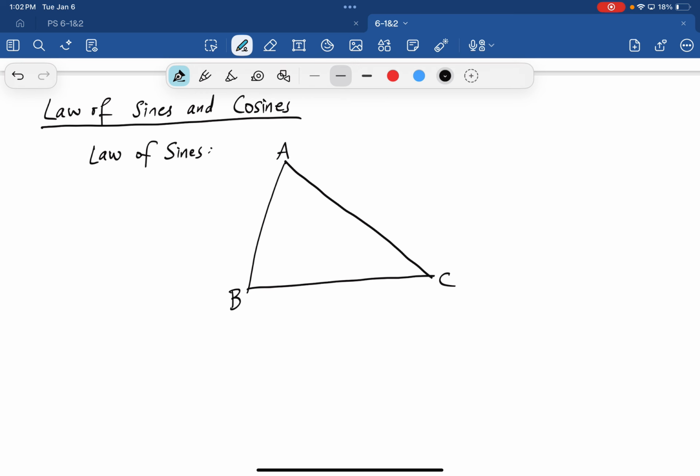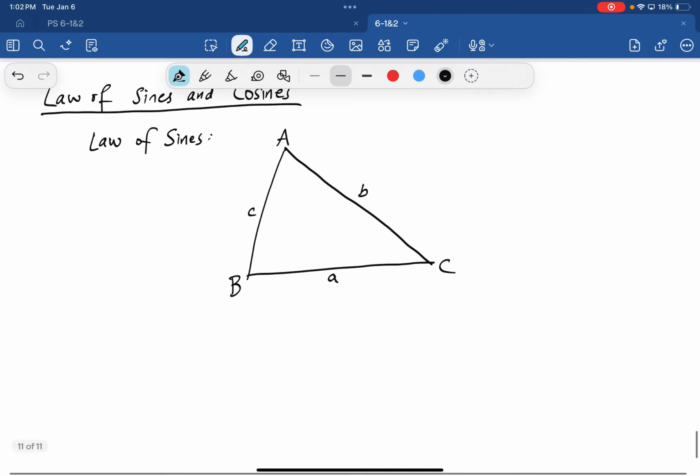When we label sides and angles of a triangle, we always use capital letters for the points, and lowercase letters for the sides that correspond to the opposite sides. So if this point is a capital A, then the opposite side is always a lowercase a. The same applies for this side, which is lowercase b, and this side, which is lowercase c.